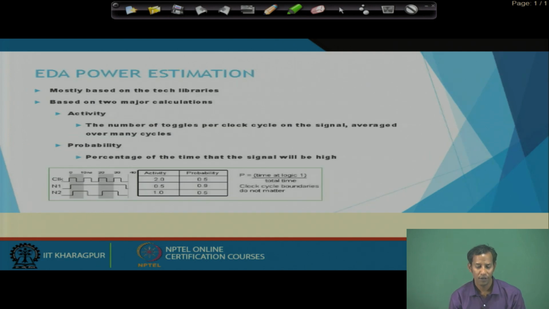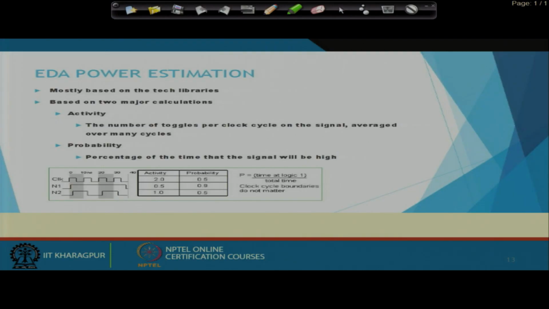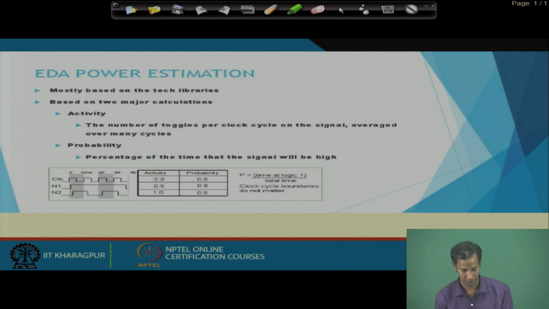The power estimation is mostly based on the technology libraries. That means, in an EDA tool, how do they estimate the power? It is mostly based on the technology library and on two major calculations. One is the activity and the second one is the probability.